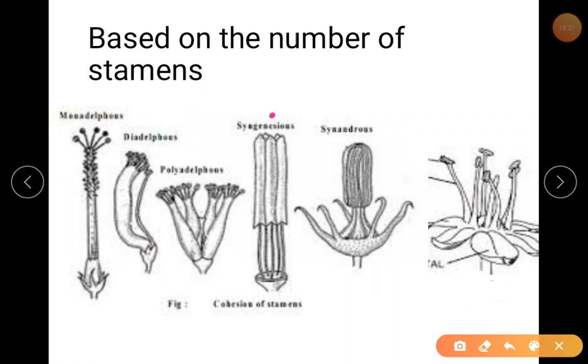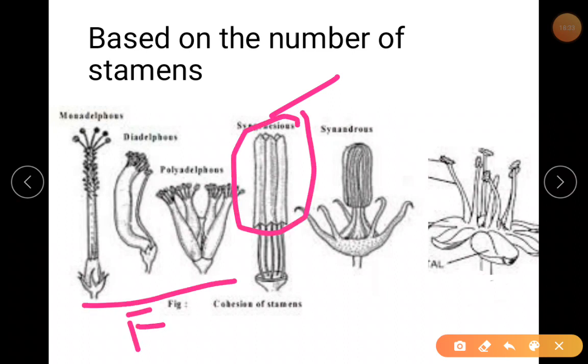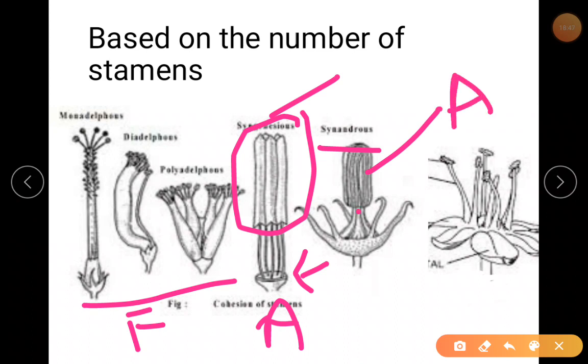Now syngenaceous, you can find here the anthers are fused. Here it was all filaments that were fused. Now anther is fused over here. Anther is fused, filament is free. Observe here, filament is free. Synandrous, here both anther as well as filament is fused.